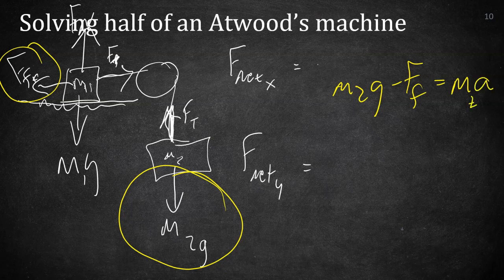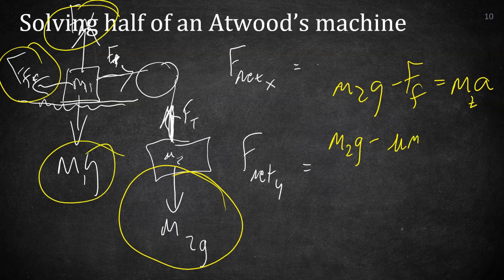That's the total mass of the system. So m2g, stuff that makes it go, minus our frictional force, mu times Fn, and Fn is going to be m1g, equals m1 plus m2 times a.